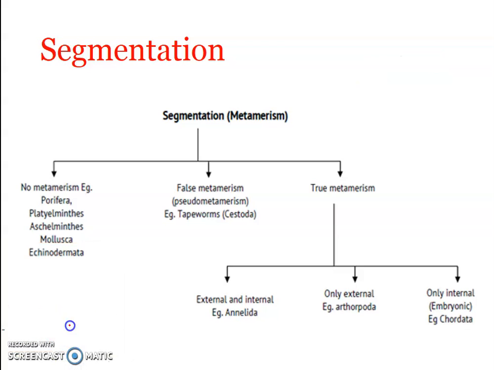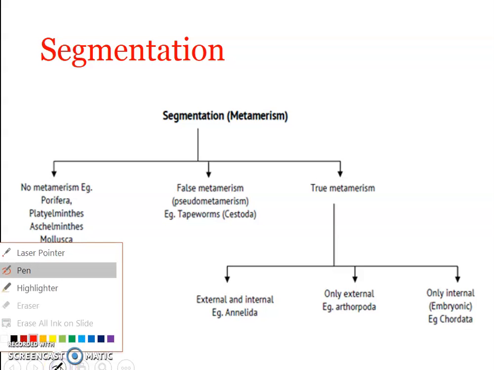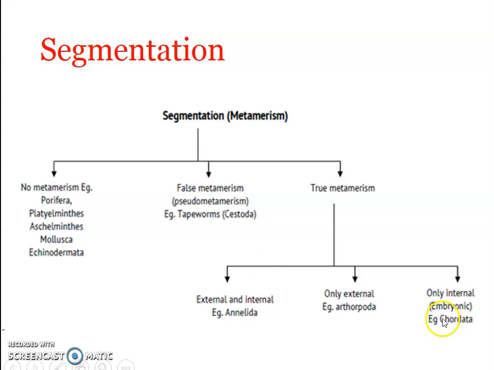Now in the case of chordata, the higher groups, the segmentation is purely internal, and that too during the embryonic stages. There is no external segmentation. Take for example human beings, there is no segmentation externally.